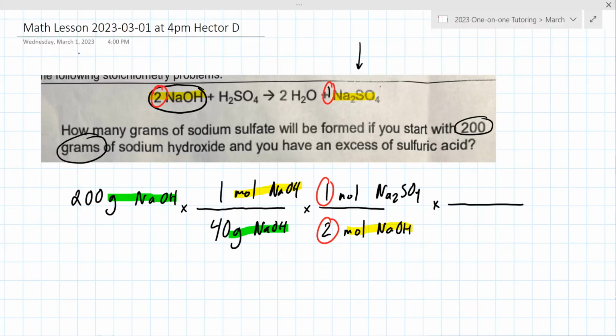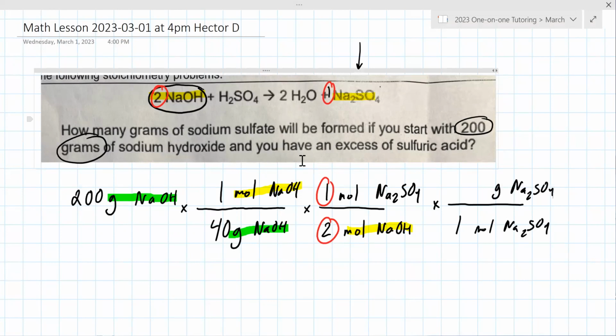And then the last, sorry, are you ready? Yeah, I got it. So we're going to put 1 mole Na2SO4 down here on the bottom, and we're going to get the molar mass of Na2SO4 on the top. So go ahead and calculate that.